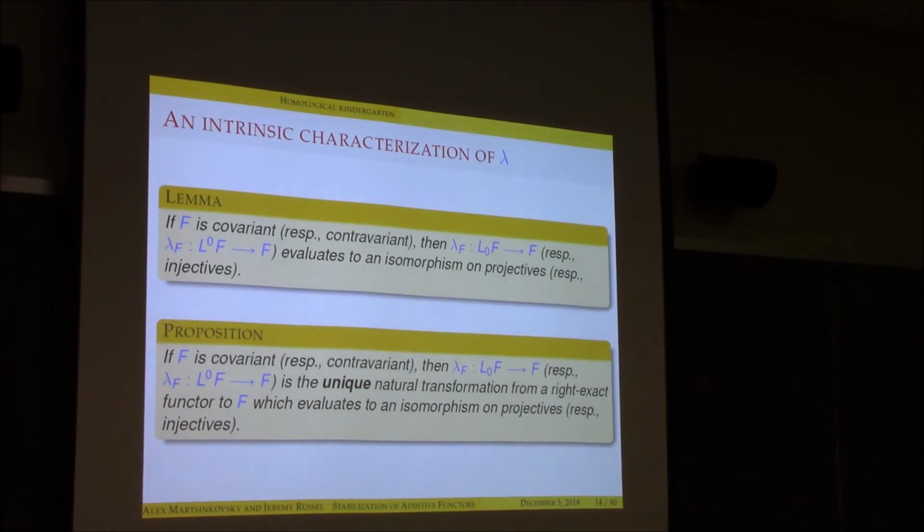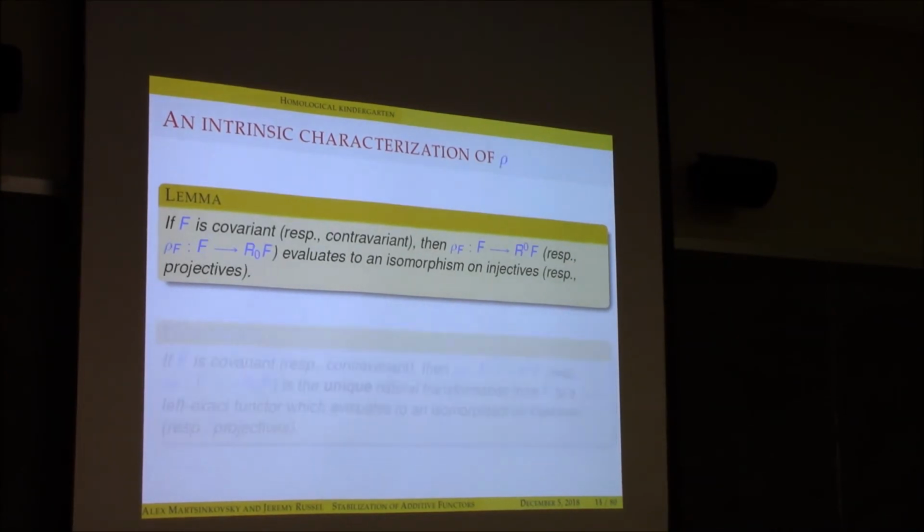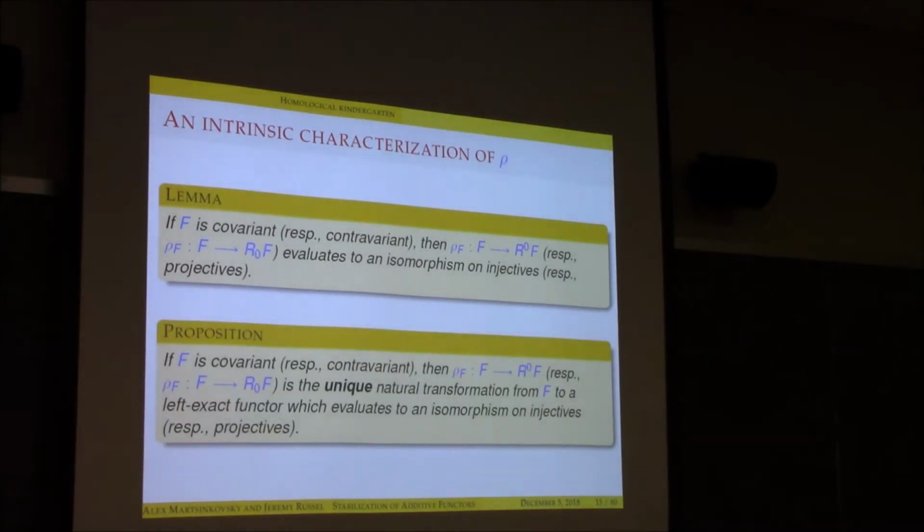If you have a map from a right exact functor, it lifts uniquely, and if it's an isomorphism on projectives, that lifting will be an isomorphism. So uniqueness comes for free from previous arguments.